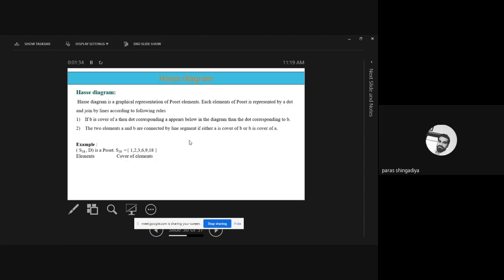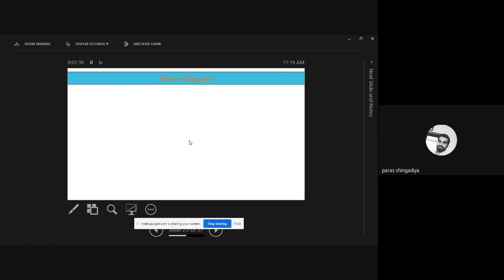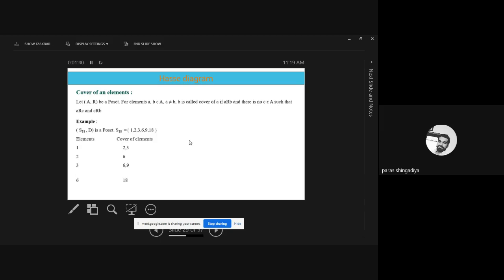That is the definition of cover element. Let A be the poset, and for any two elements A, B belonging to A, where A is not equal to B, B is called the cover of A if it satisfies two conditions.